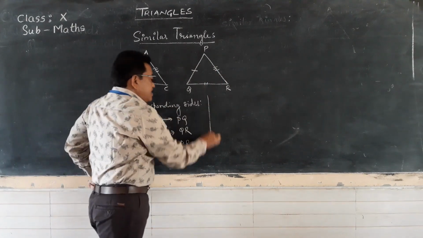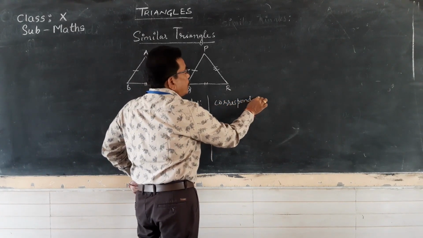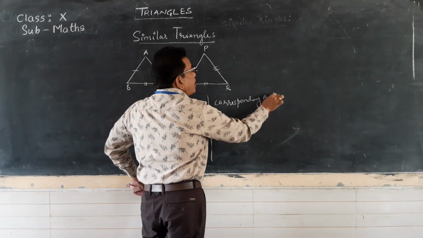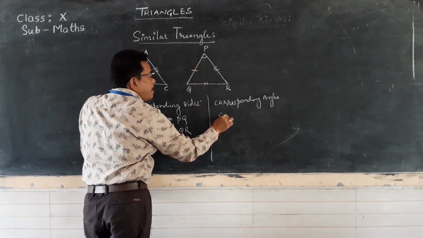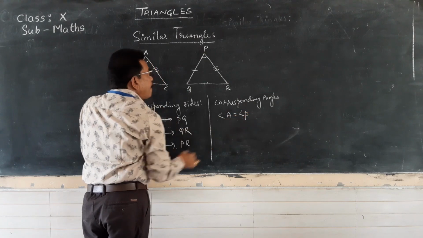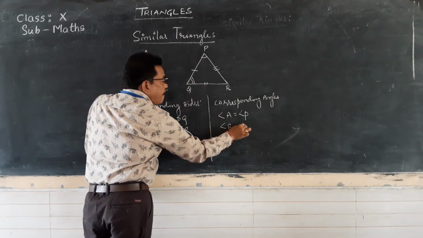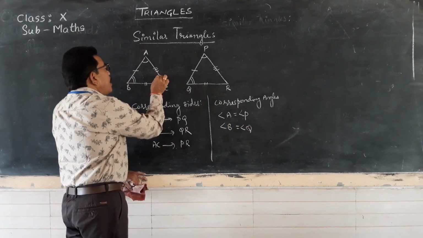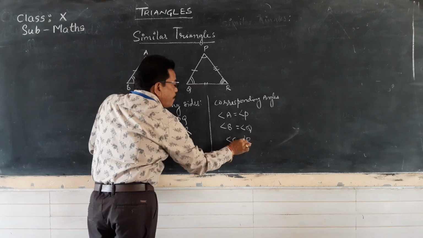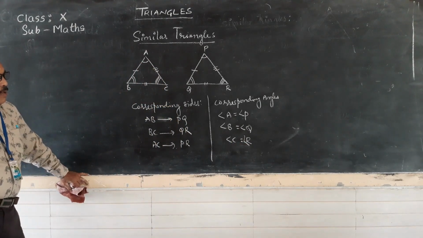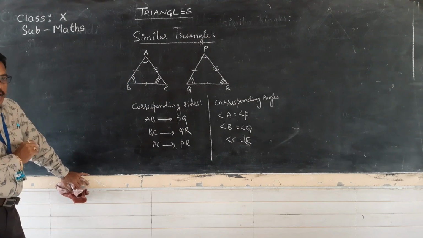Now, corresponding angles. Angle A equals angle P, angle B equals angle Q, then angle C equals angle R. By observing these two figures, we can easily define what is meant by similar triangles.